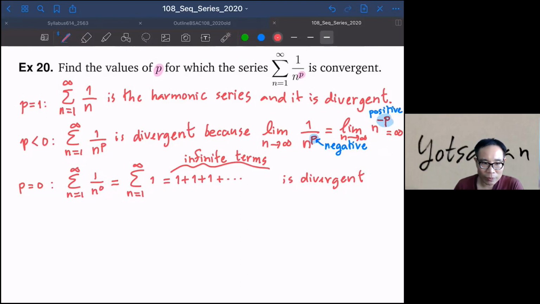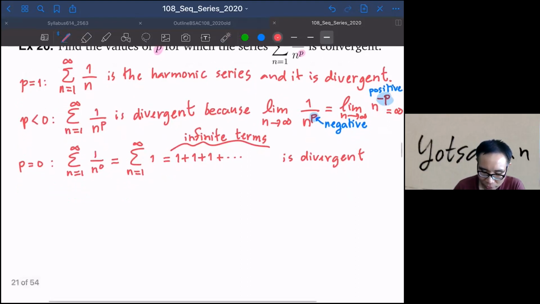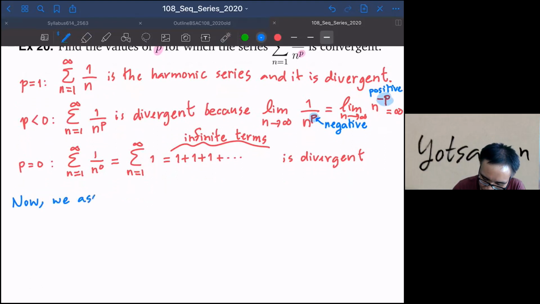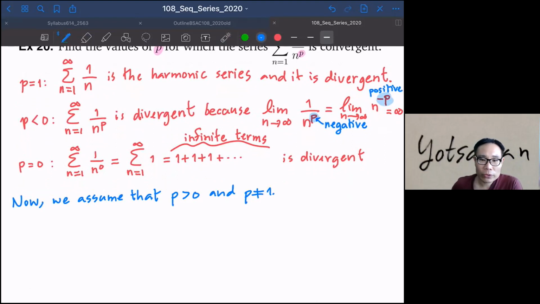Now we're going to assume that p is greater than 0 and p is not equal to 1. We shall use the integral test.